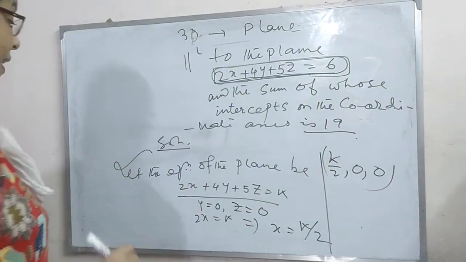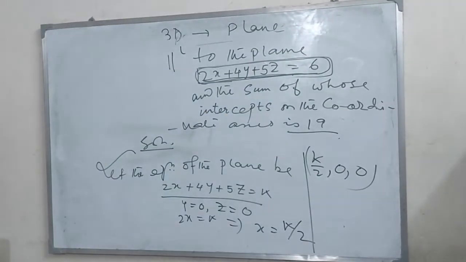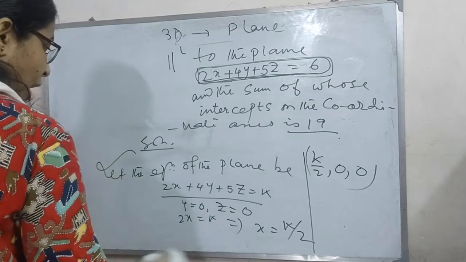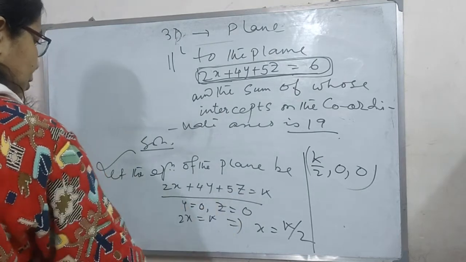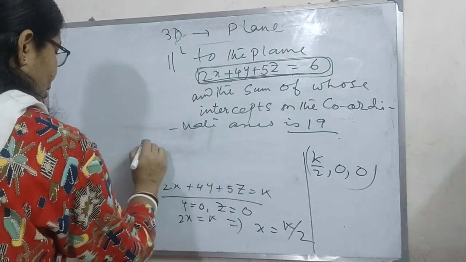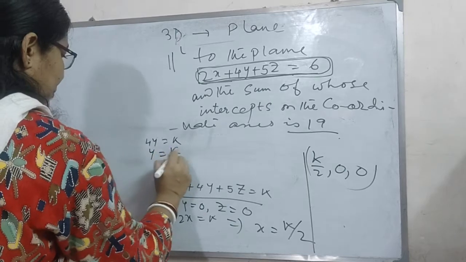And similarly, for the y axis, x and z equal to 0, so 4y equal to k, that means y equal to k by 4.